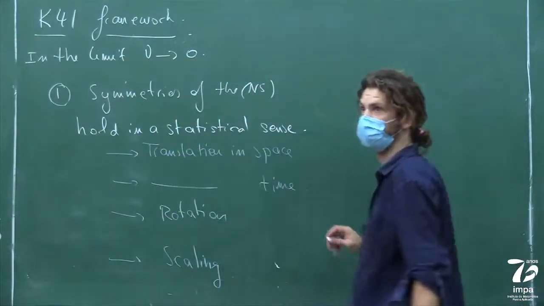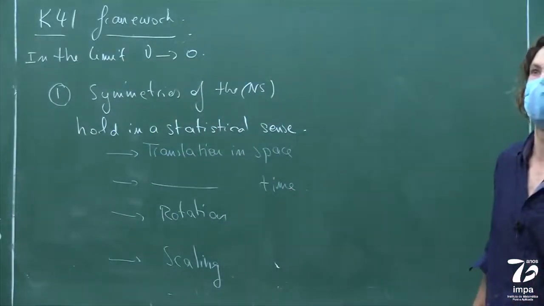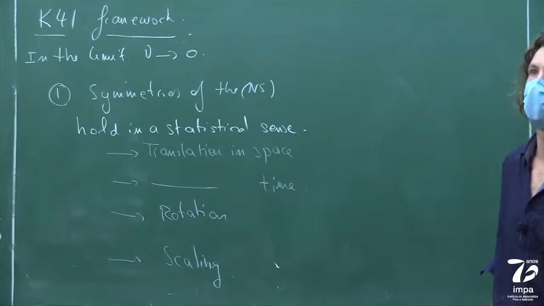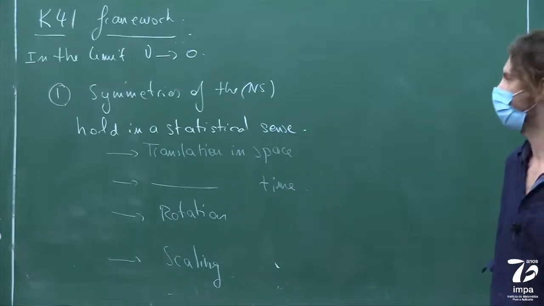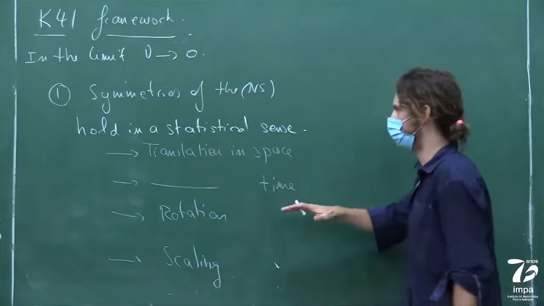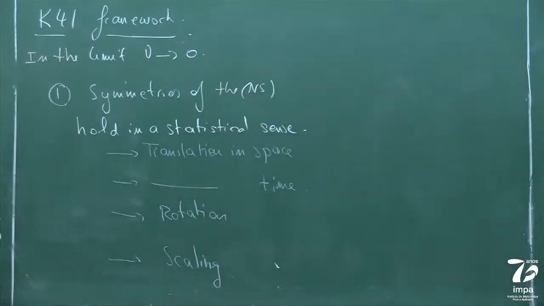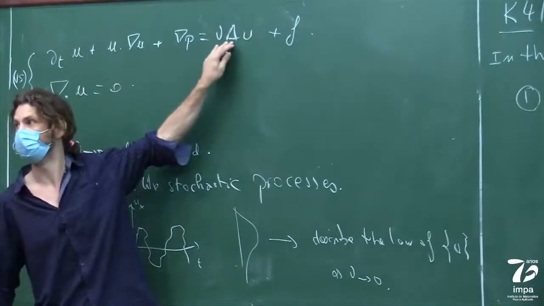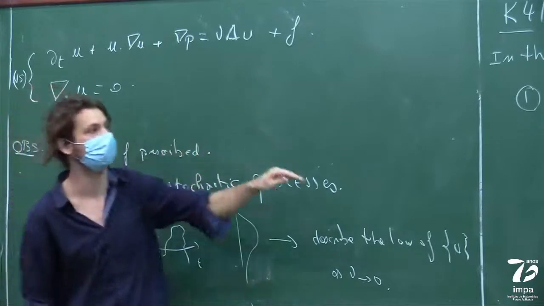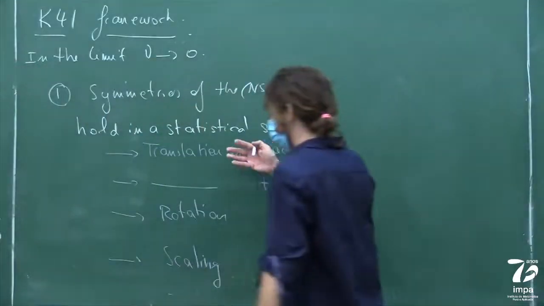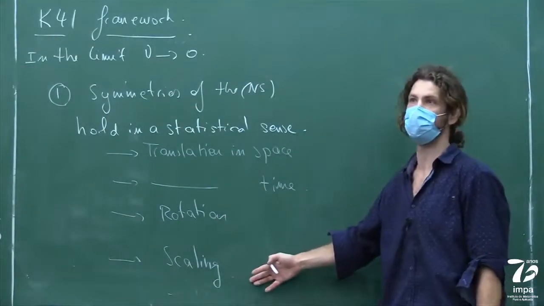Are these also symmetries for the Euler equation? Yes. Basically, the idea is very basic. You have this equation, and when you put nu goes to 0, formally you have those sets of symmetries.